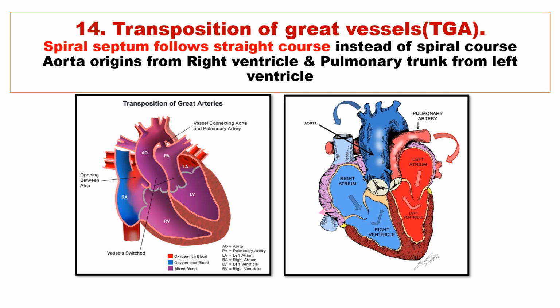Transposition of great vessels. The spiral septum follows a straight course instead of a spiral course. The aorta arises from the right ventricle. The pulmonary trunk arises from the left ventricle.